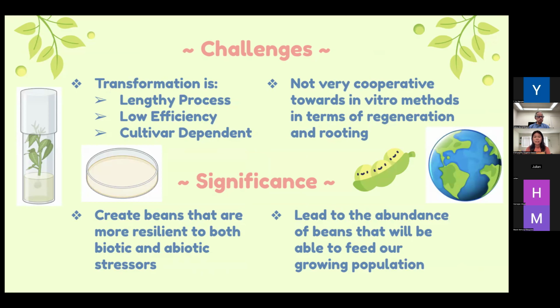The significance of my study is to be able to create beans that are more resilient to both biotic and abiotic stressors, which will hopefully lead to an abundance of beans that will help feed our growing population, because we'll be able to pick out more desirable traits.